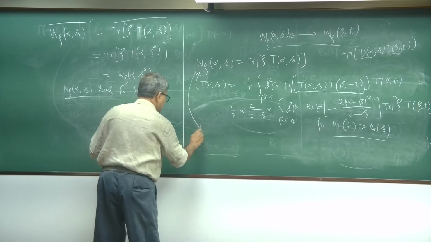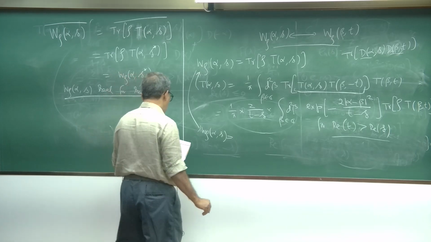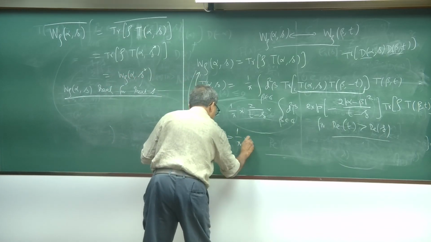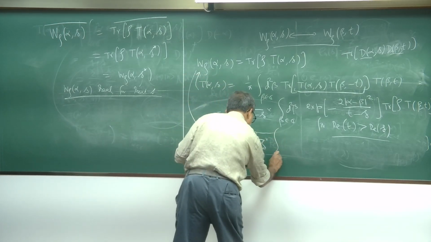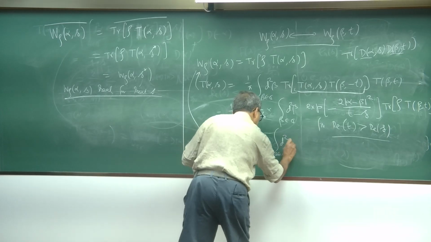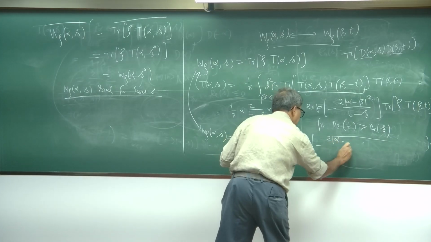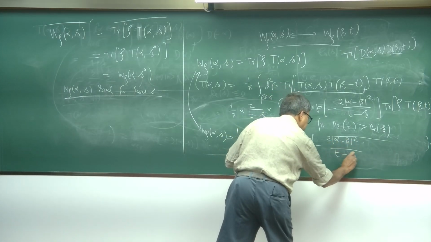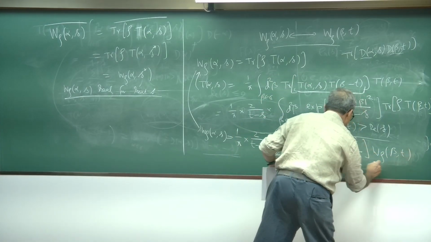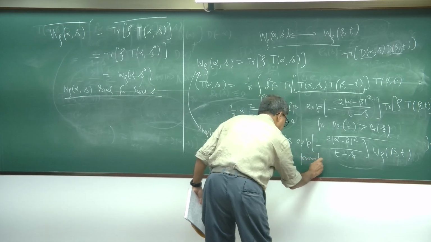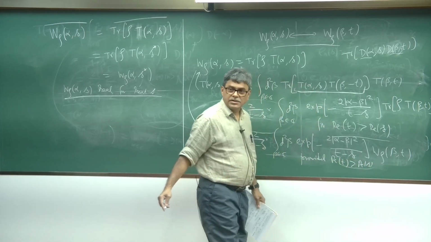So, what you will get from there is that alpha s is equal to 1 upon pi, then 2 by t minus s, integral over beta belonging to C, d square beta, exponential of minus 2 mod alpha minus beta square divided by t minus s, into w rho beta t, provided the real part of t is greater than the real part of s.